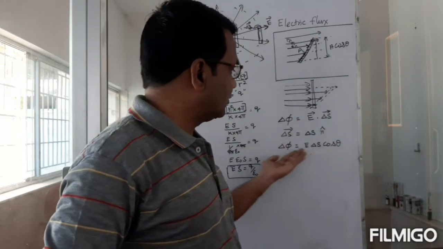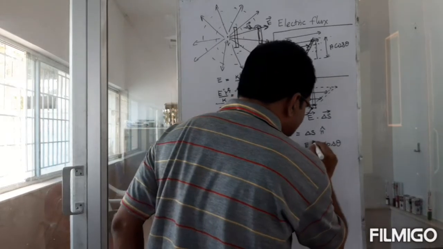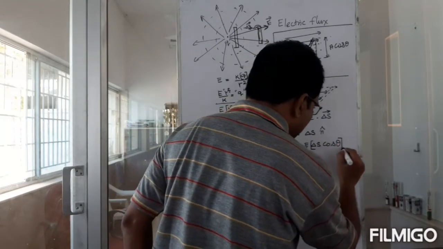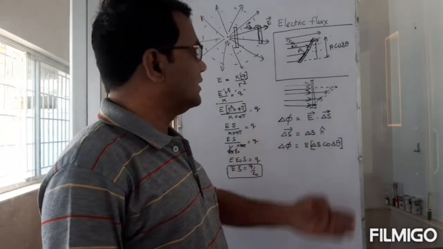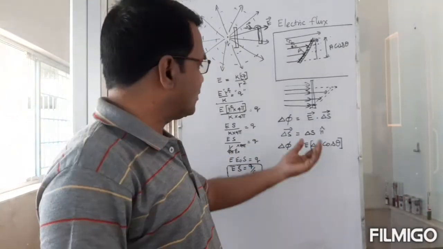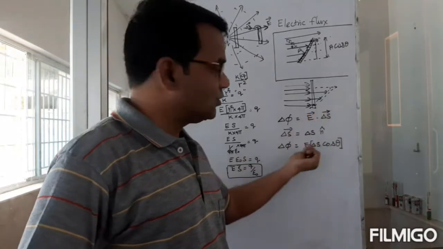So that is what I have tried to incorporate here. It is not the entire delta S, but the delta S cos theta that is involved in this. That is why you require a dot product, where A dot B gives you AB cos theta.